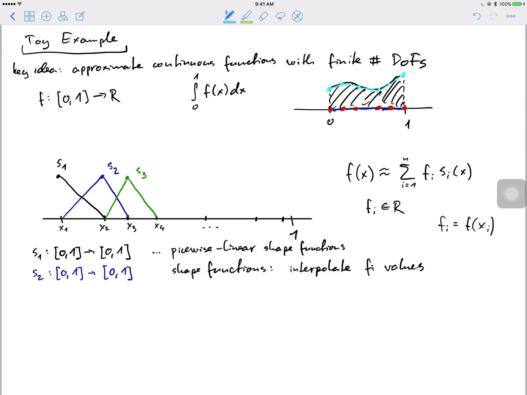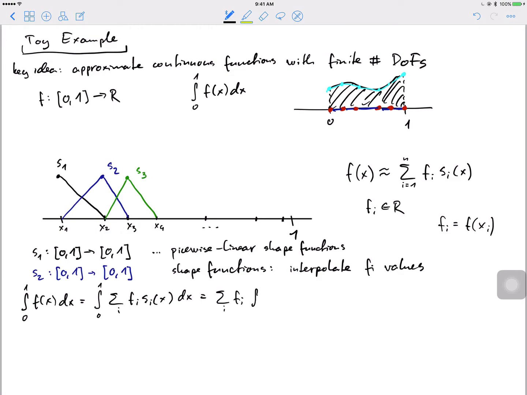Okay, is that clear? Because that is the key idea. And now, once I have this approximation of the function, then I can approximate my functional, right? Because if I have my integral, and I know that this f of x can be written like this, then I can just plug it in there, right? So let's do that. So here is the sum over i of fi Si of x dx, okay? Now I know that integral is a linear mapping, right? So I can also rewrite it like this.